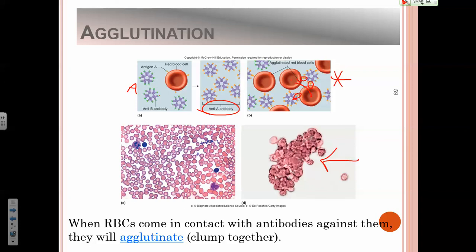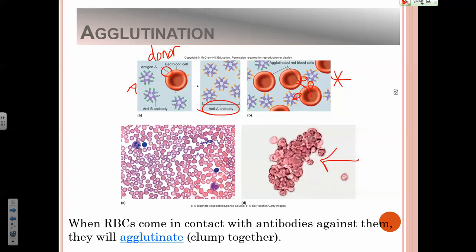That's what will occur if blood comes in contact with antibodies that are designed to fight that blood. And so they will agglutinate. In a blood transfusion, just think about it. If this is the donor blood, it has the A antigen.